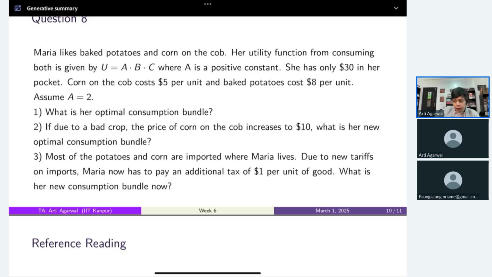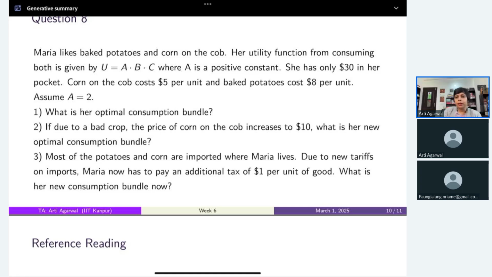But the bigger thing to understand here is if you relate this whole part of the question to what we studied earlier in demand and supply. Basically, this is nothing but if there's a bad crop, the supply curve is shifting, right?